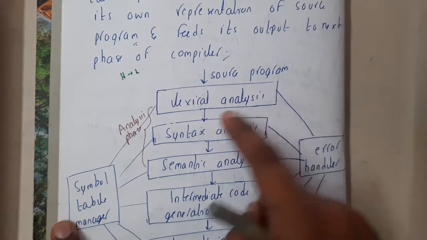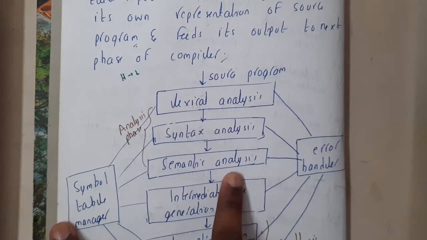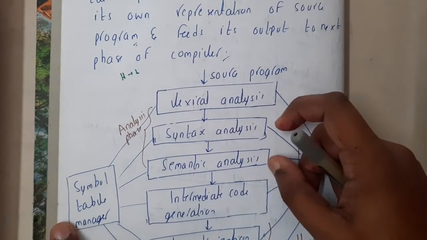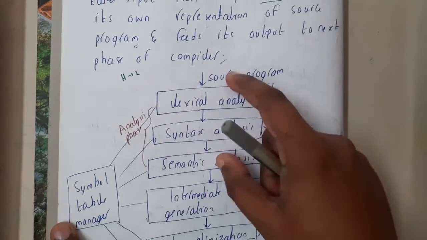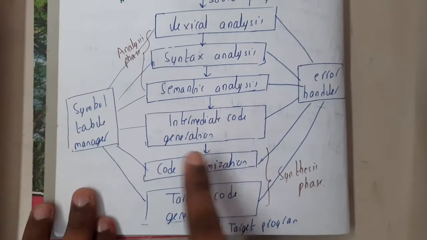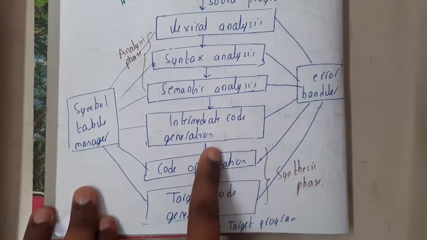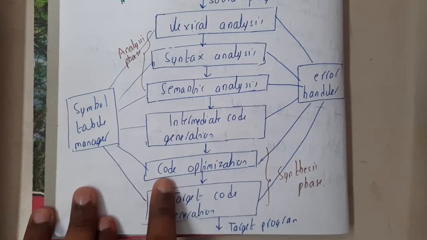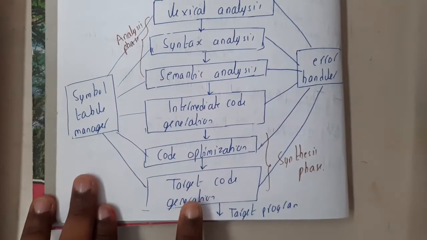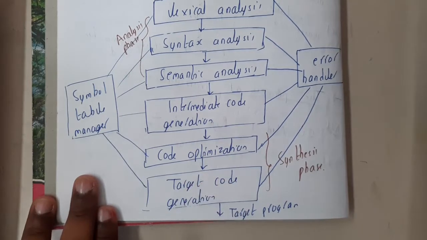The first 3 phases are lexical analysis, syntax analysis, and semantic analysis. What is the common word between these 3, guys? Analysis. So these 3 are called analysis phases. The next phase is intermediate code generator, the next phase is code optimization, and the next phase is target code generation.